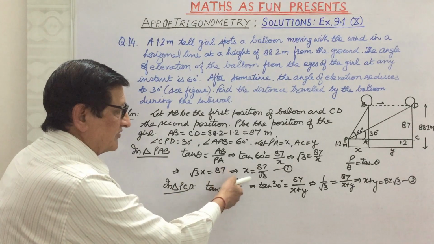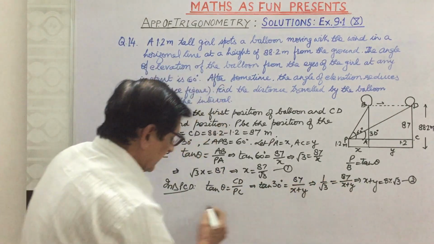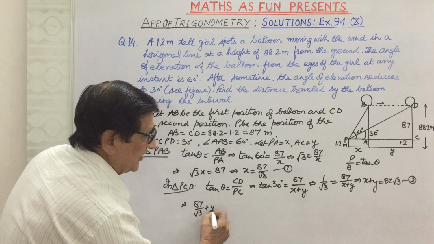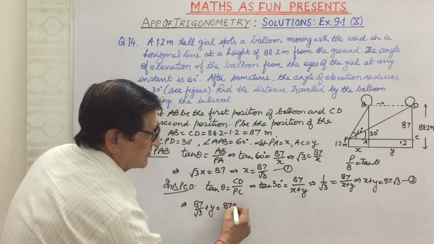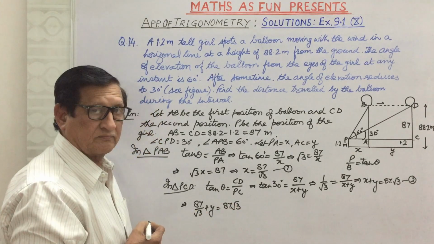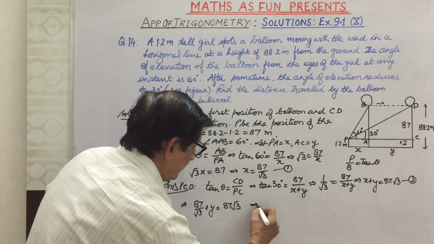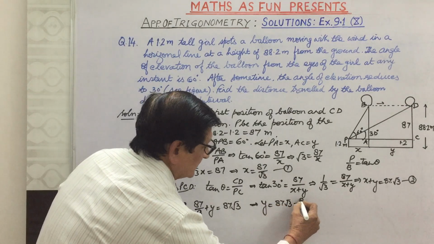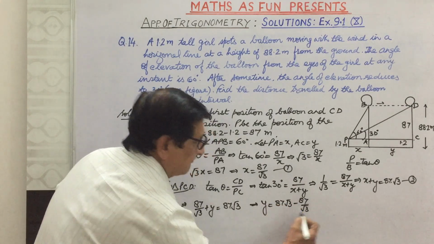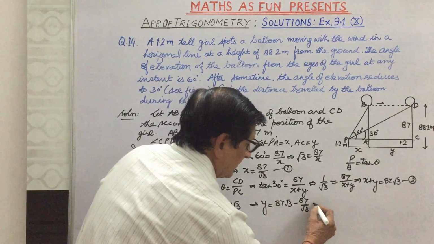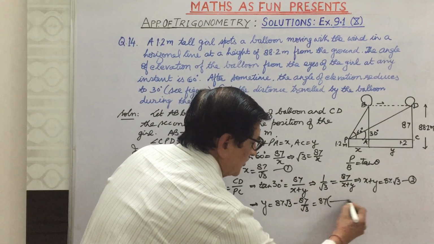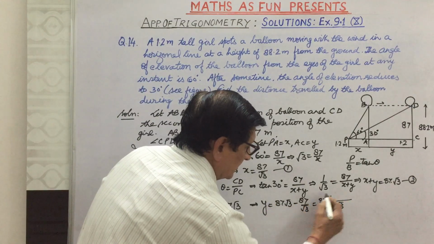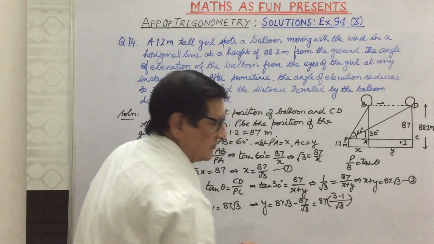From the first equation we substitute the value of x here. We are getting 87 upon root 3 plus y is equal to 87 root 3. By transposing, we get the value of y as 87 root 3 minus 87 upon root 3. 87 we are getting common, root 3 is the LCM, this comes as root 3 into root 3, that is 3, minus 1.